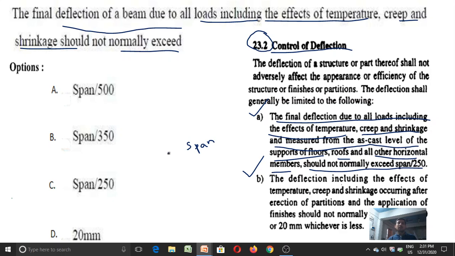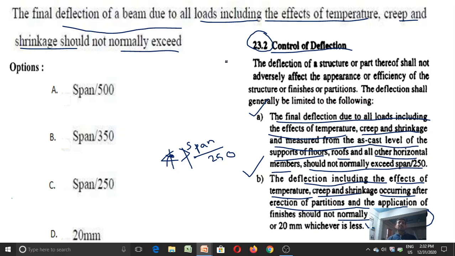It should not exceed, should not be greater than span by 250, right? If you observe the second condition, they have given only the deflection including the effect of temperature, creep and shrinkage that occurs after erection of partitions and application of finishes, which should not normally exceed span by 350 or 20 mm, whichever is less.